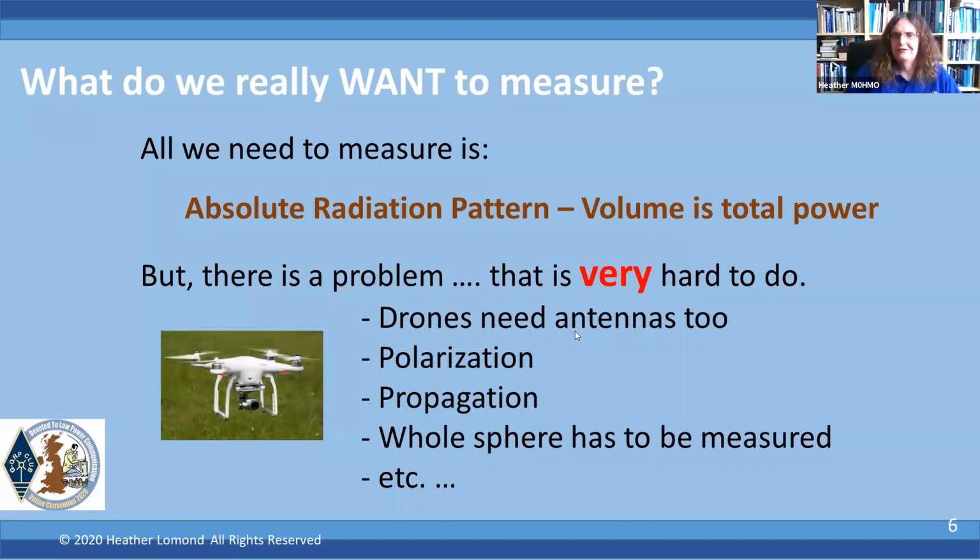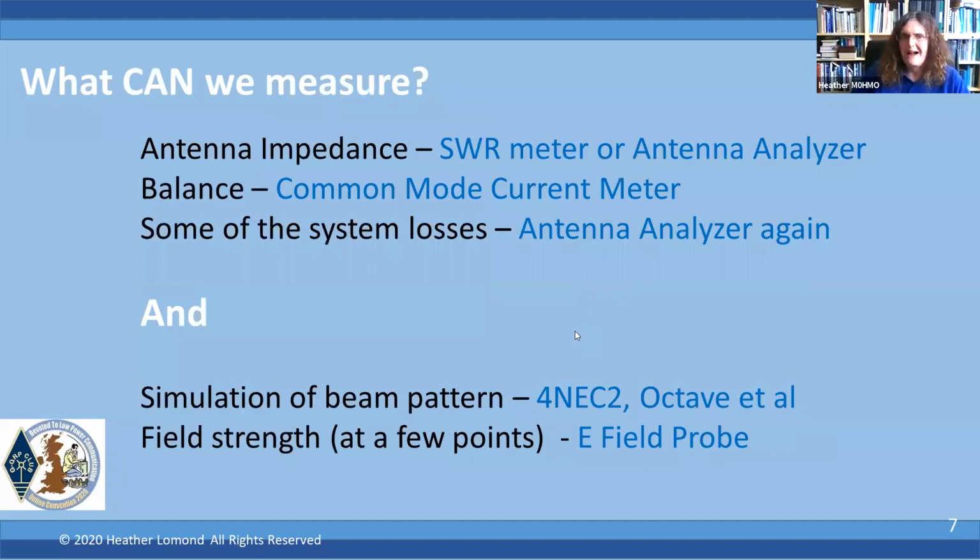So what can we do? Well, we can use an antenna analyzer. We can look at the balance on our Yagi or dipole, and we can do some analysis of system losses, again with an antenna analyzer. And also in our arsenal are going to be simulation and field strength meters if we want to use those.